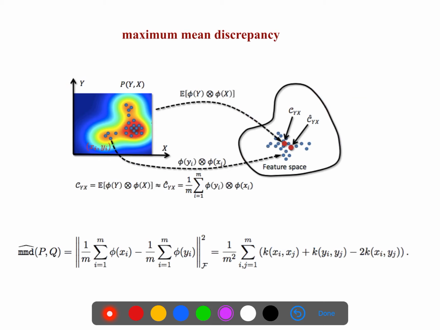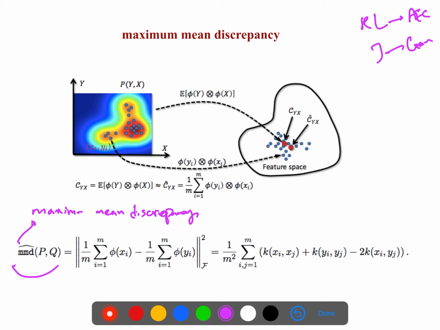So if you're familiar with maximum mean discrepancy, we have found that it is much better than KL divergence or Jensen divergence in the GAN architecture, generative adversarial networks. KL divergence we use for autoencoders, and finally we found that maximum mean discrepancy has lots of benefits in comparison.